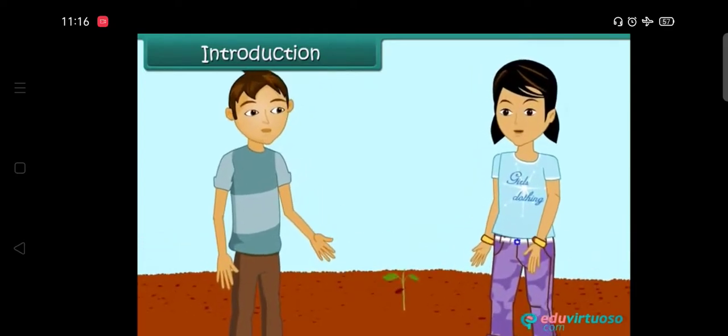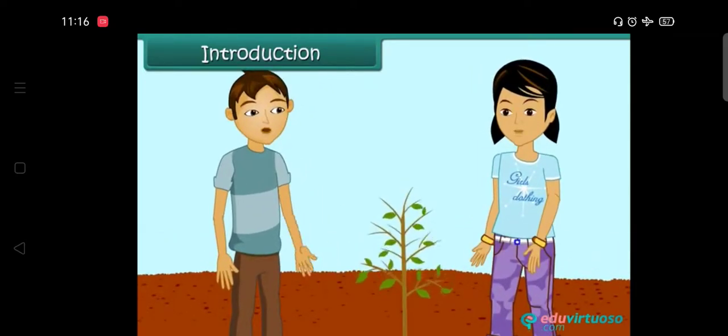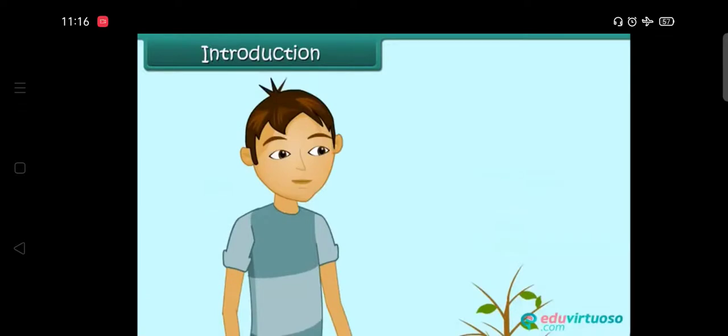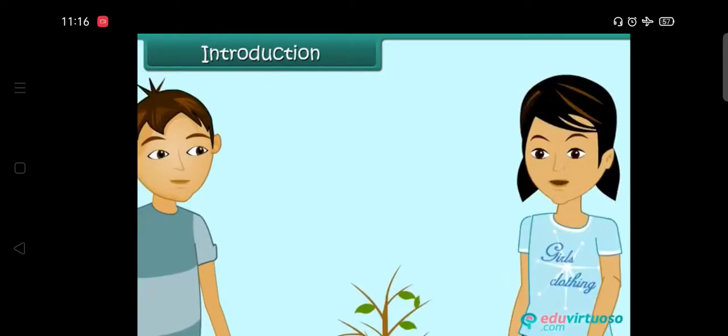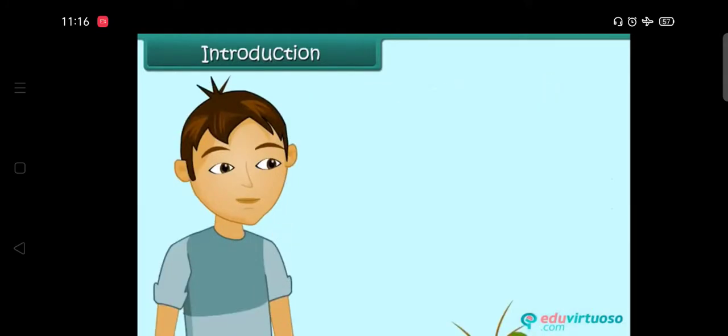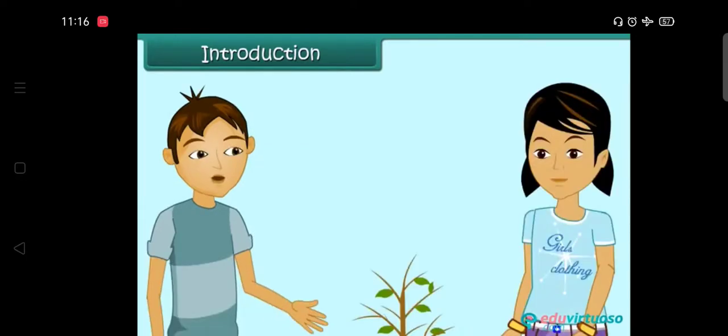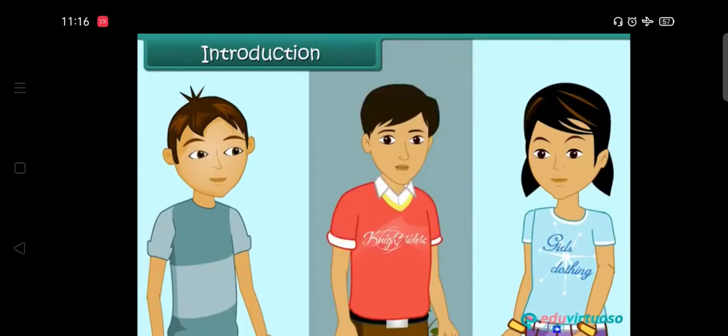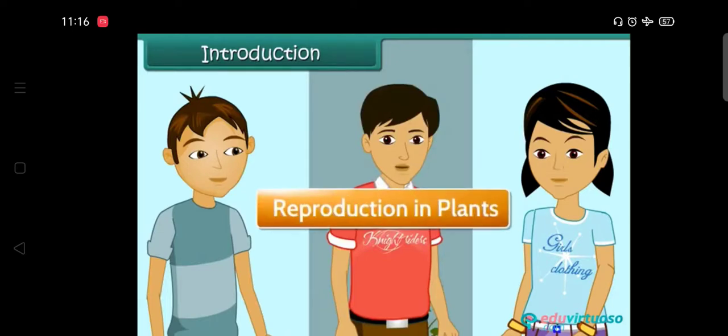When seeds germinate in the soil, a new plant will grow up. That's interesting. Do all plants grow due to seeds? No, Aman. There are various methods by which plants reproduce. You mean to say that, like the animals, plants also reproduce? Yes, Aman. This has created an interest in me to learn about the reproduction in plants. Come children, let us learn about reproduction in plants.